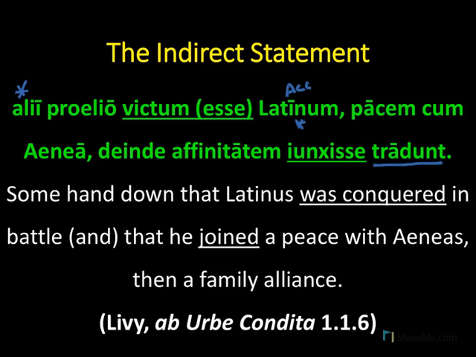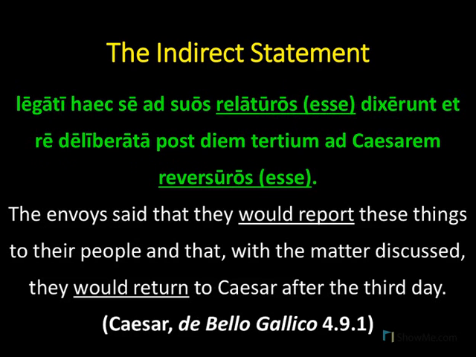And here's a sentence that uses the future tense of the infinitives. Legati haec se ad suos relaturos esse, dixerunt, et re deliberata post diem tertium ad Caesarem reversuros esse. Here, our main verb is towards the beginning of the sentence, dixerunt, and legati is the subject of this sentence.